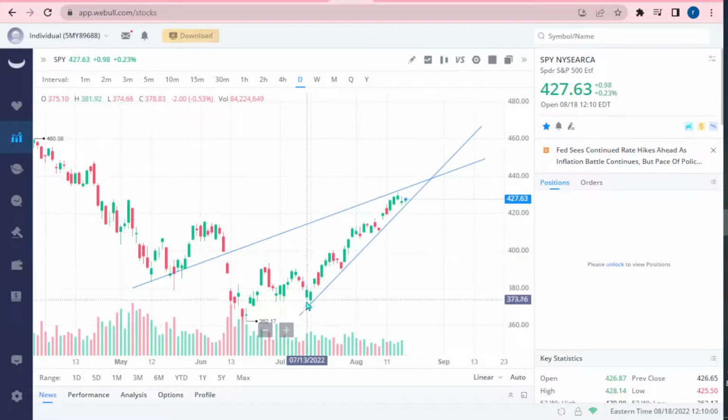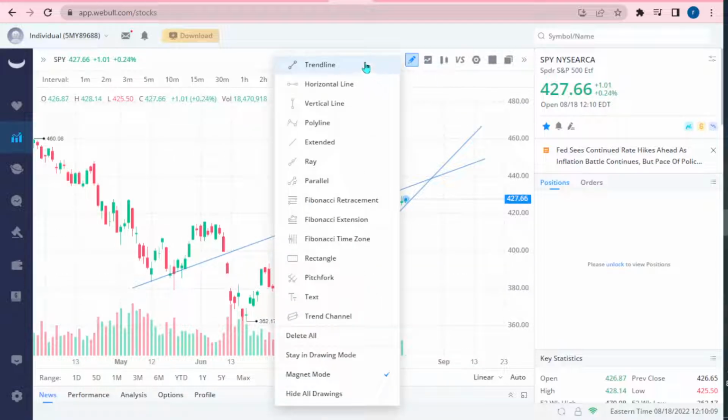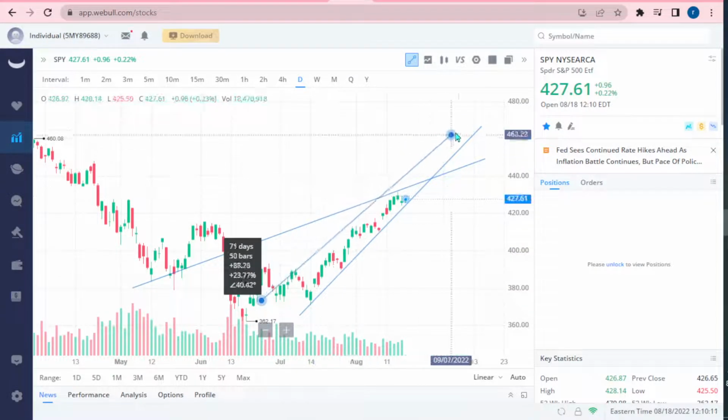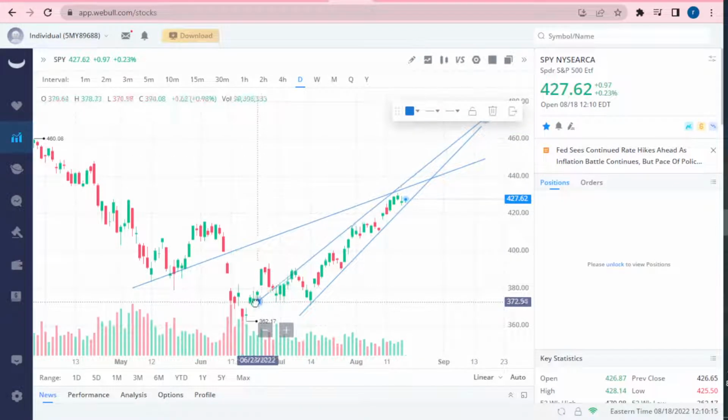So as I'm further building out these projections, our slope is getting lower. So if I was to build out my resistance right here, my slope is much higher. So it's actually a much sharper rising wedge. But if I'm building out resistance right here, then my slope isn't as steep.